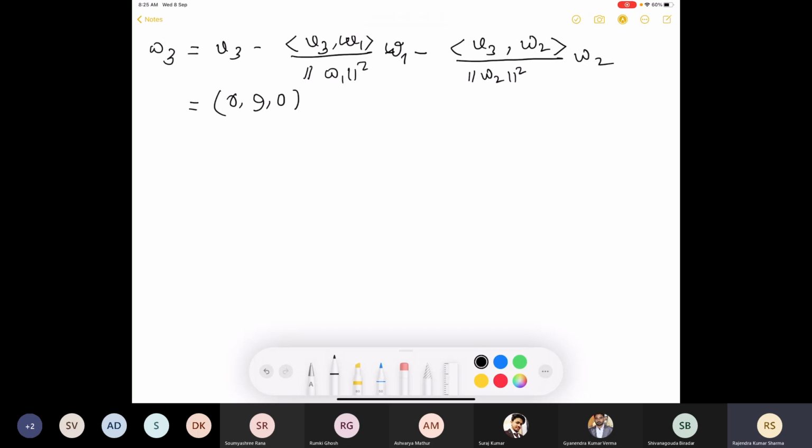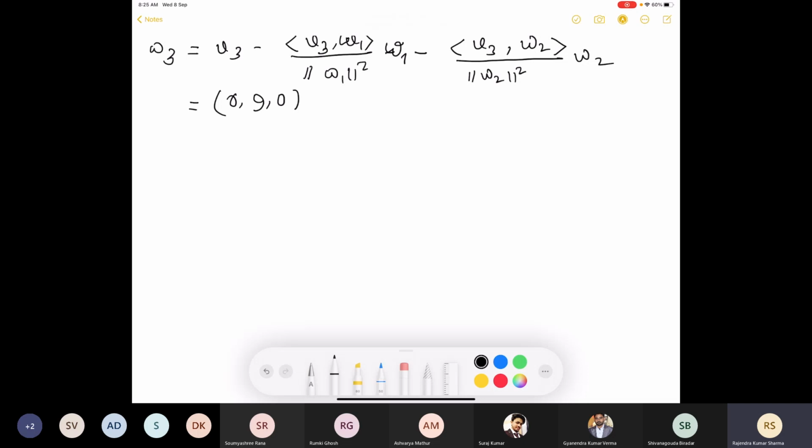You can also verify that you have got mutually orthogonal vectors. W1 inner product with W2 is 0, W1 with W3 is 0, W2 with W3 is also 0.